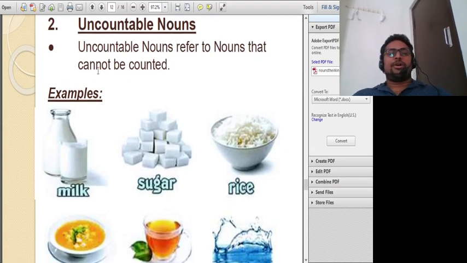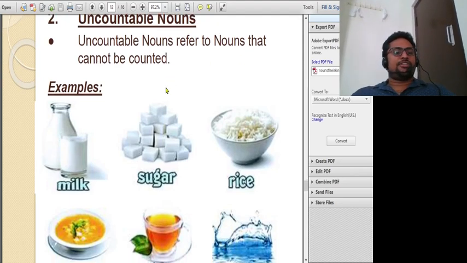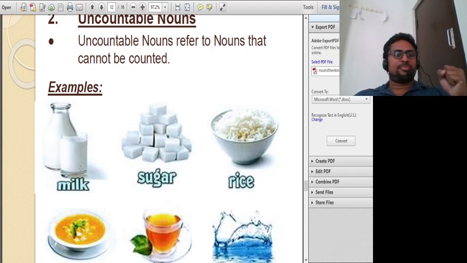Uncountable nouns refer to the nouns that cannot be counted. For example, milk. We can measure it in liters, but we cannot count it. Five milk, two milk, can we count it?